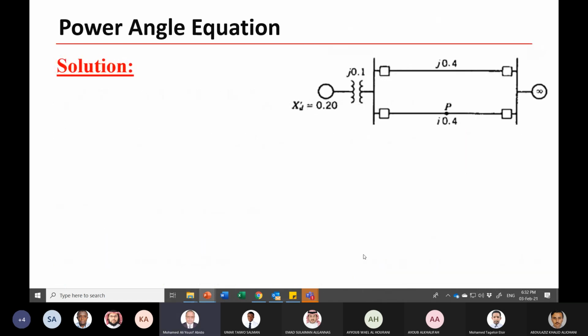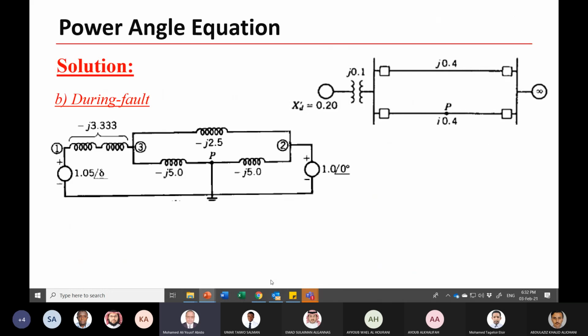So this is during the fault, again, as we mentioned, then we have a short circuit here. Here we converted it to admittance rather than impedance, but you can go with the impedance.